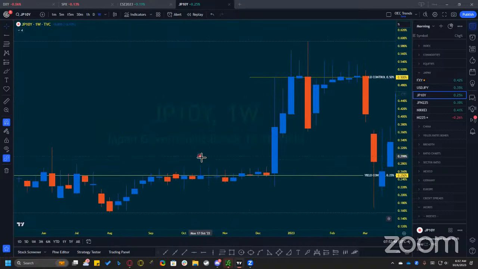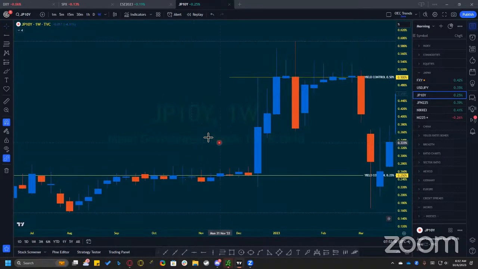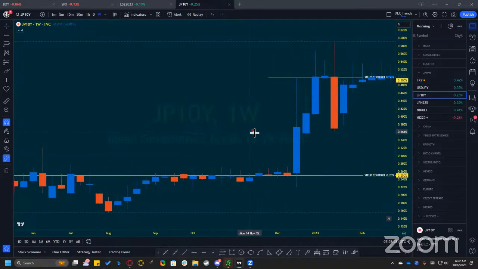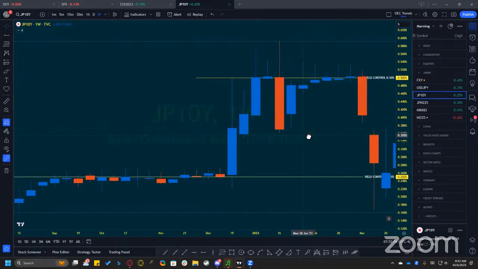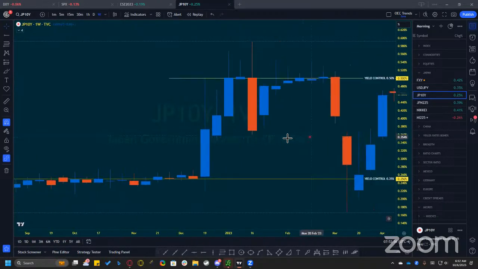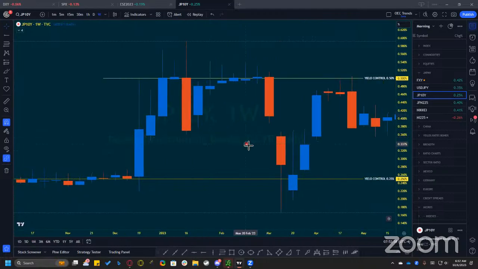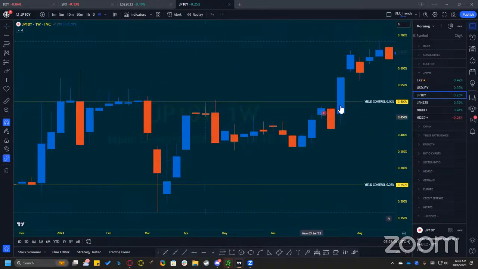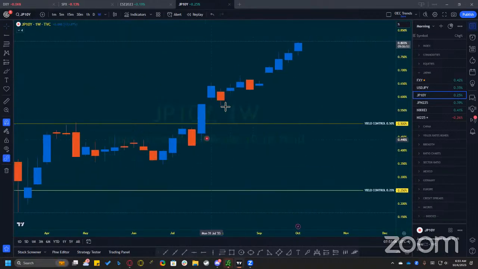Then when it got out of control, they said, okay, well, we're willing to allow it at 0.5%. Then we had the situation with the banks back in March. This faded down, got back up into that half, and now getting a little out of control.